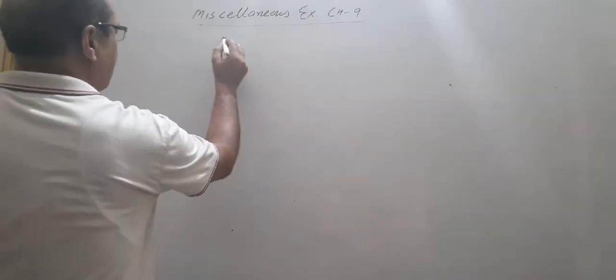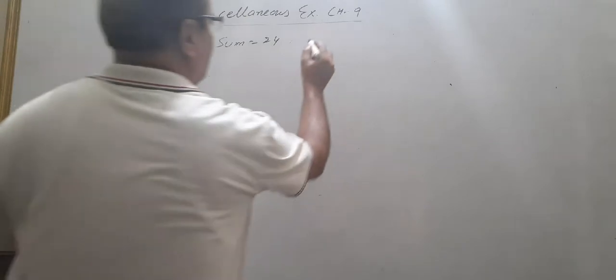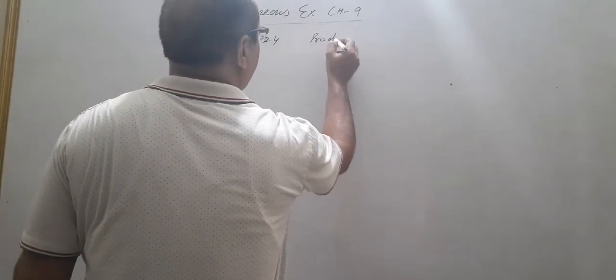Now students, I will start with the second. If the sum of the three numbers in AP is 24 and their product is 440, find the numbers.